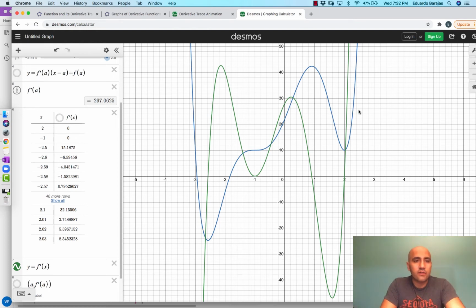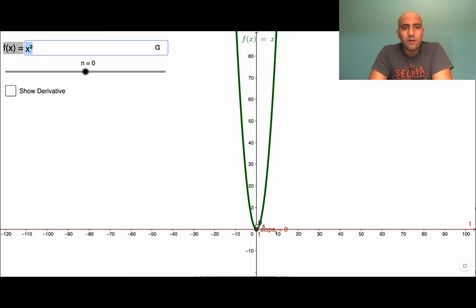We'll try a different technology. Okay, so now let's try this one. Let's say that our original function is just the function x squared, and we're thinking about the derivatives. At this point, the tangent line is horizontal, so it's going to have a slope of 0. So it'll be the point 0, 0 on the graph of the derivative.